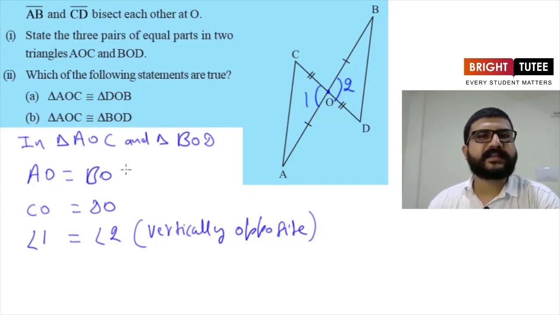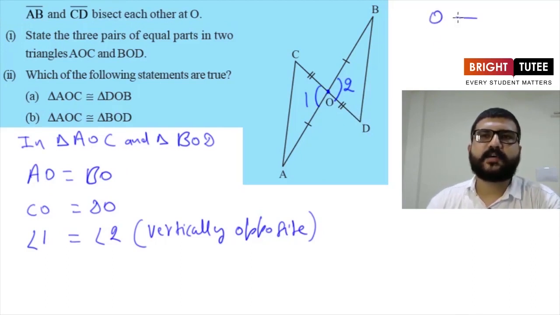So here we are having angle 1 is equal to angle 2, that is this angle O is equal to angle O. It means angle O of triangle AOC is equal to angle O of triangle BOD. So it means O corresponds to O. What else do we have? We have AO is equal to BO, and we have CO is equal to DO. Now AO is equal to BO. What is the vertex opposite to AO for triangle AOC?